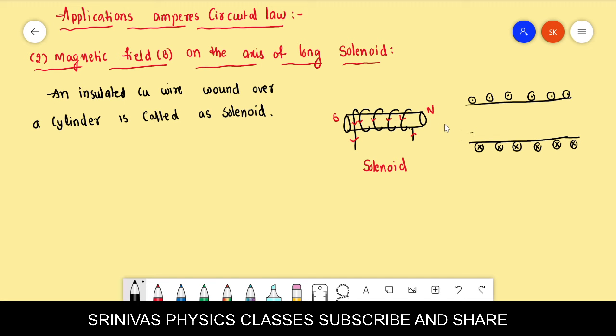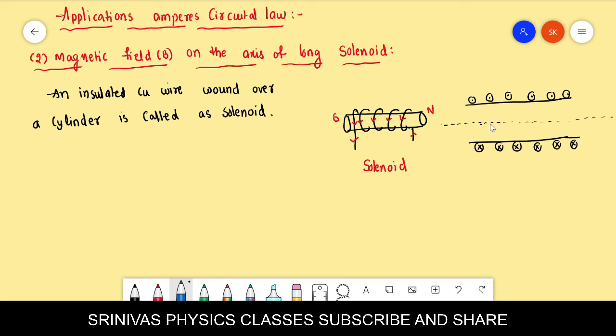And this is the axis of the solenoid. Now we want to find the magnetic induction on the axis of a long solenoid.